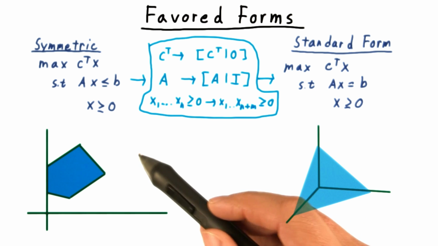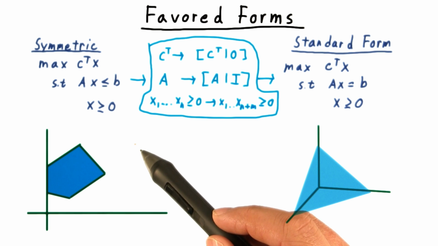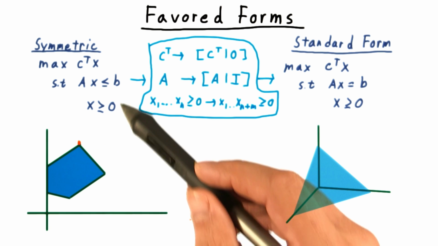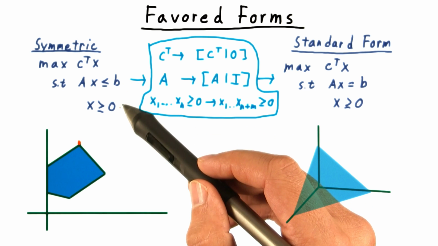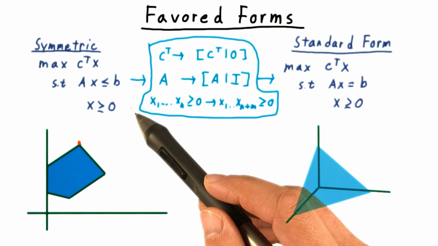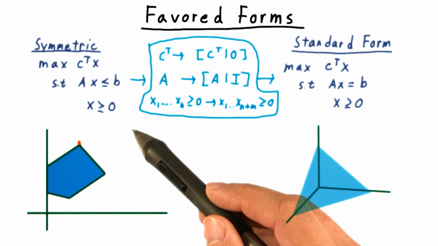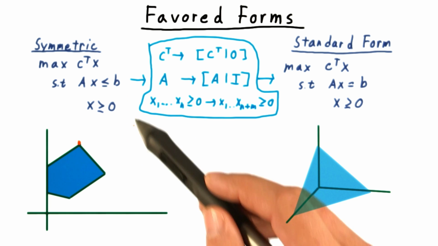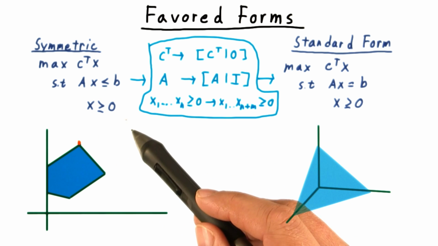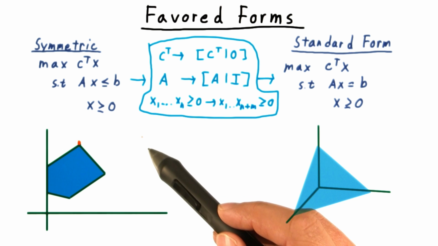Note that we expect an optimum for the symmetric problem to be at one of the vertices of the polytope. That is to say, of these m plus n constraints here, n must hold with equality, or be tight in the common parlance. Some might come from A, some might come from the non-negativity constraints, but there will always be n of them.